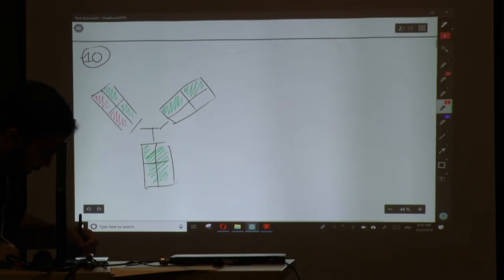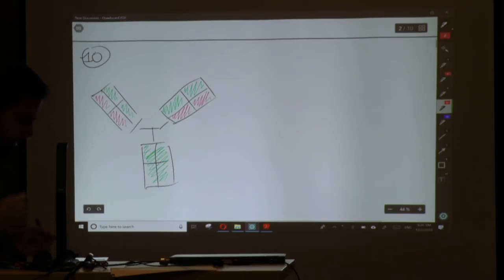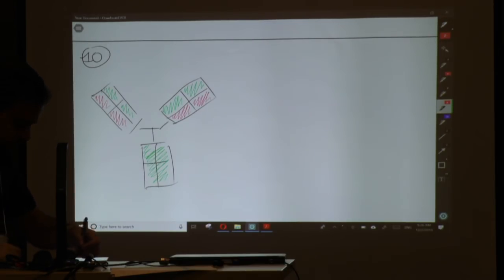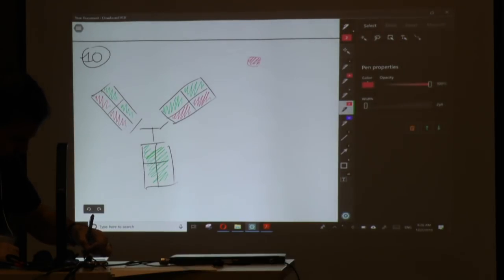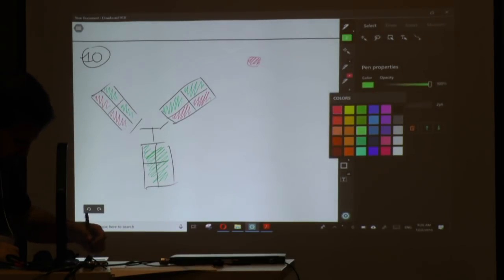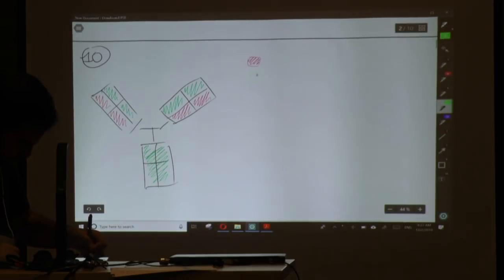So the green here is going to be your heavy chain, and your red is going to be your light chain. Okay? It's not the same type of green, but it'll work. So this is light chain and heavy chain.